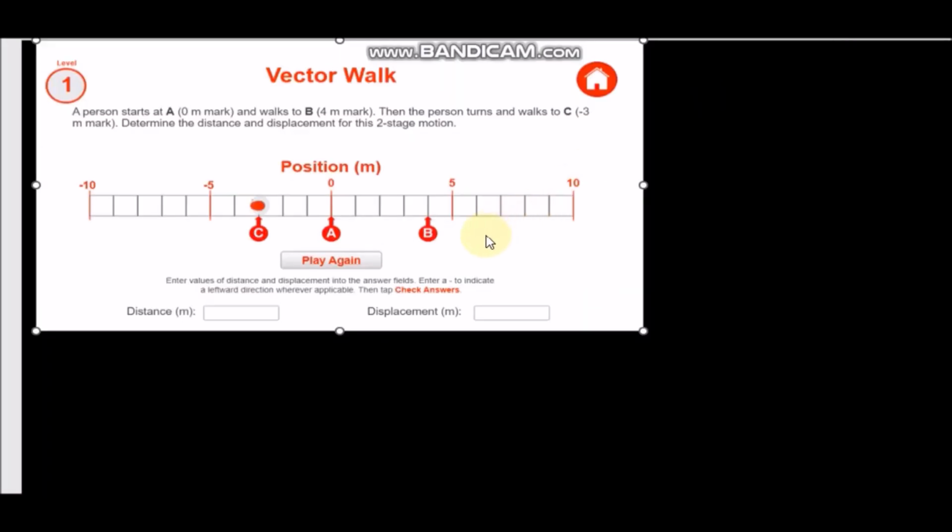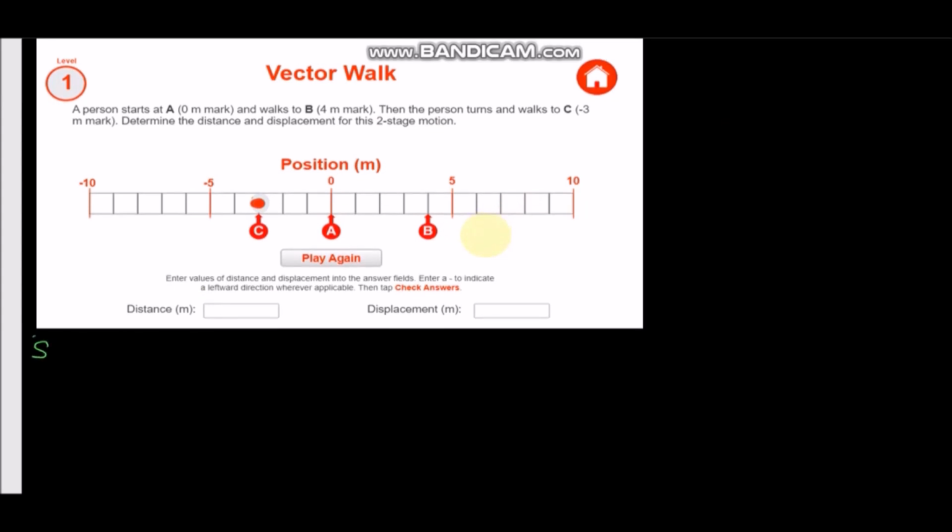Okay, let me put the screenshot, and then to calculate the distance, already we know that the distance S is a scalar physical quantity, which is equal to simply adding the total path that the person moves.